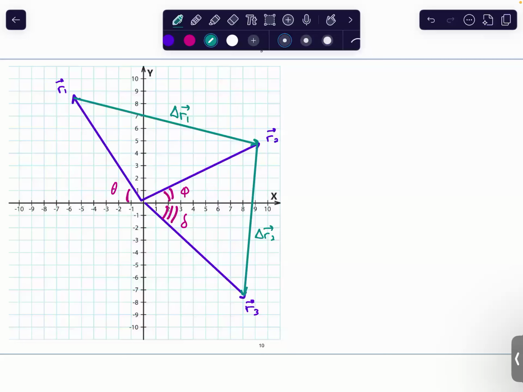That's just your displacement 1 and your displacement 2. But remember, total displacement is a vector addition, so we're going to end up needing to get components for all of these.